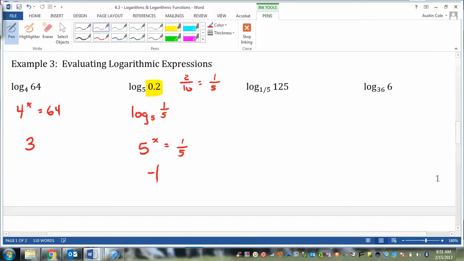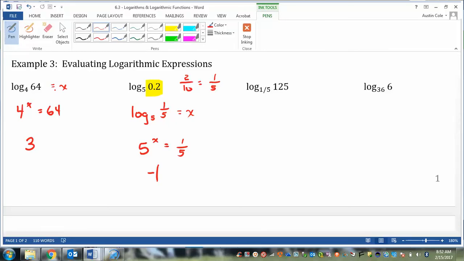It's not equal, it's log base 5 of 1/5. I just rewrote this instead of having 0.2, and then I rewrote it like this: 5 to what exponent, or 5 to the 1 power, is 1/5. Then I set it equal. Makes sense? Essentially, there is an x out here, kind of. That's the answer, that's what we're finding.